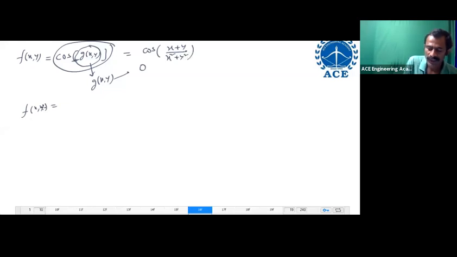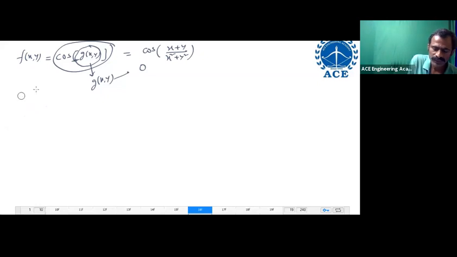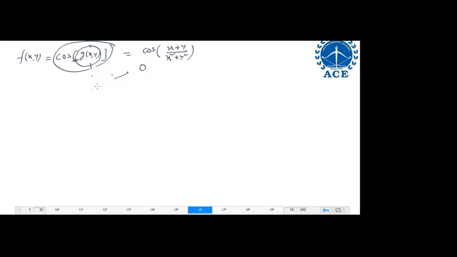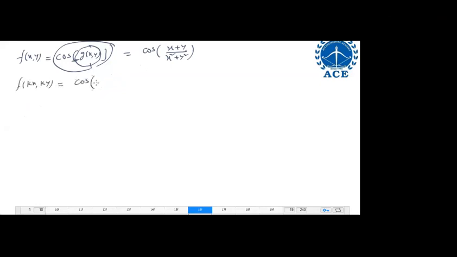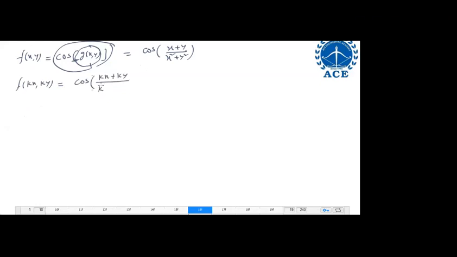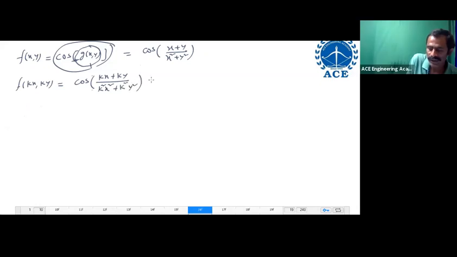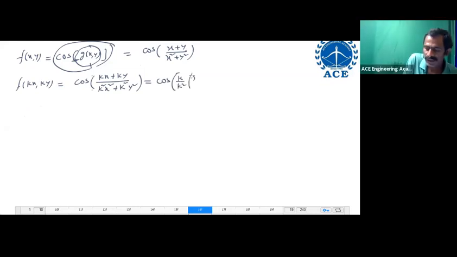If you consider the condition f of kx, ky equal to cos of (kx plus ky) divided by (k square x square plus k square y square), this is equal to cos of (1 by k) into (x plus y) divided by (x square plus y square).